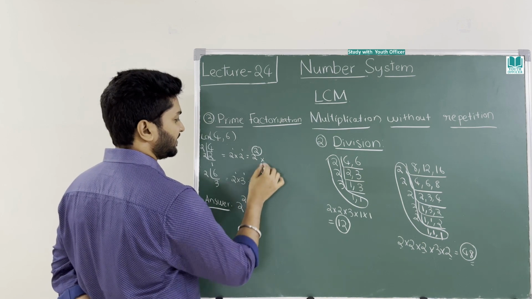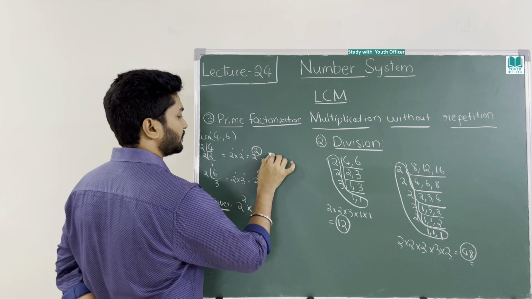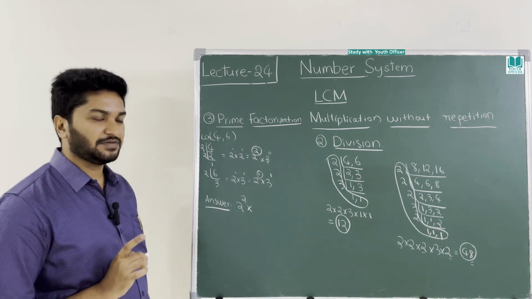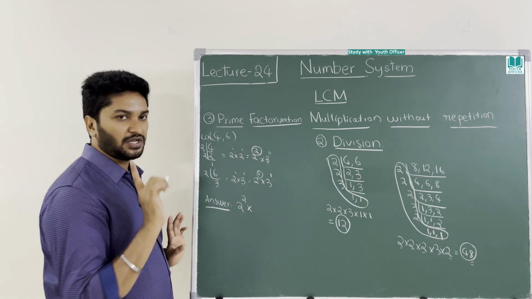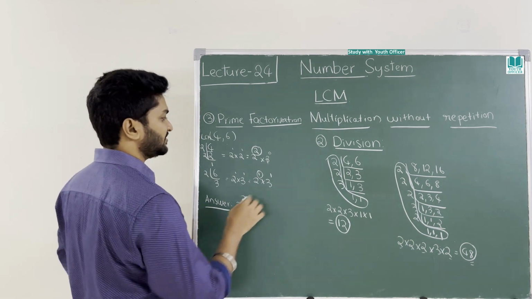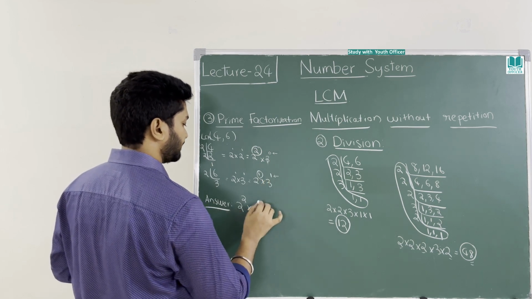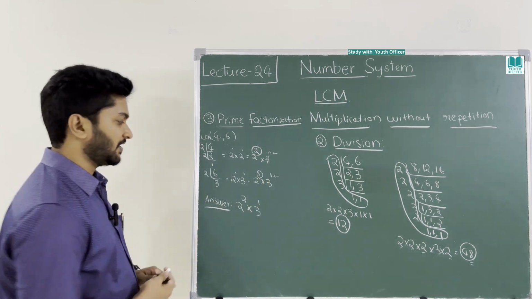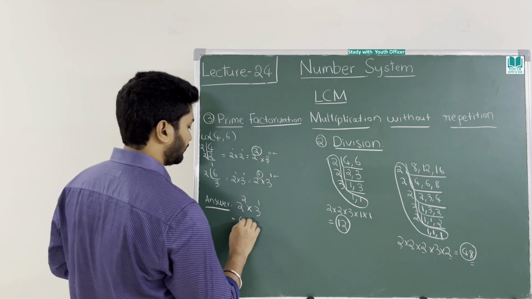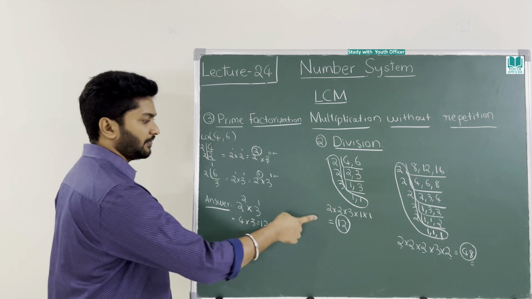If nothing is there, that means it is 1 here, 3 power 0. I already taught you in algebra, 3 power 0 means 1. For 3, which highest power do you take? Here there is 0, here there is 1. Which is the highest one? 1. Answer is this only. 2 square means 4 into 3, answer is 12. We got it, right?